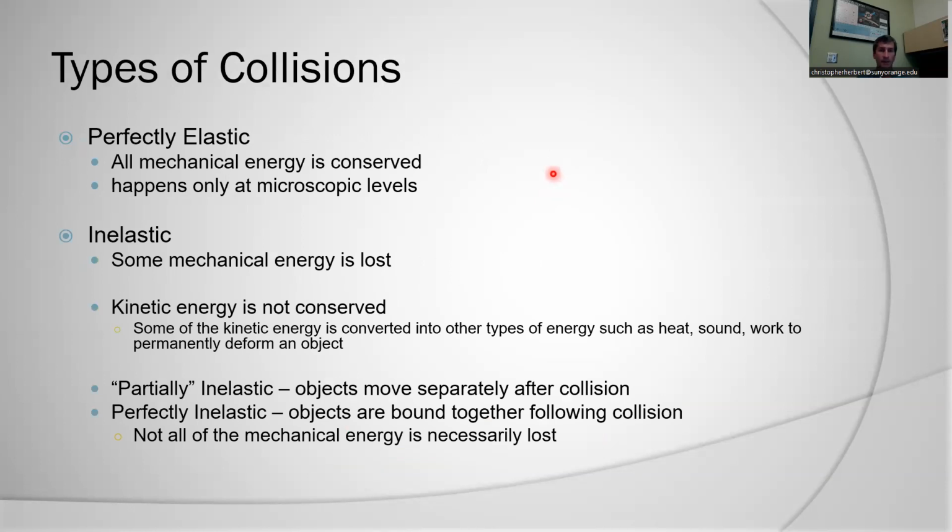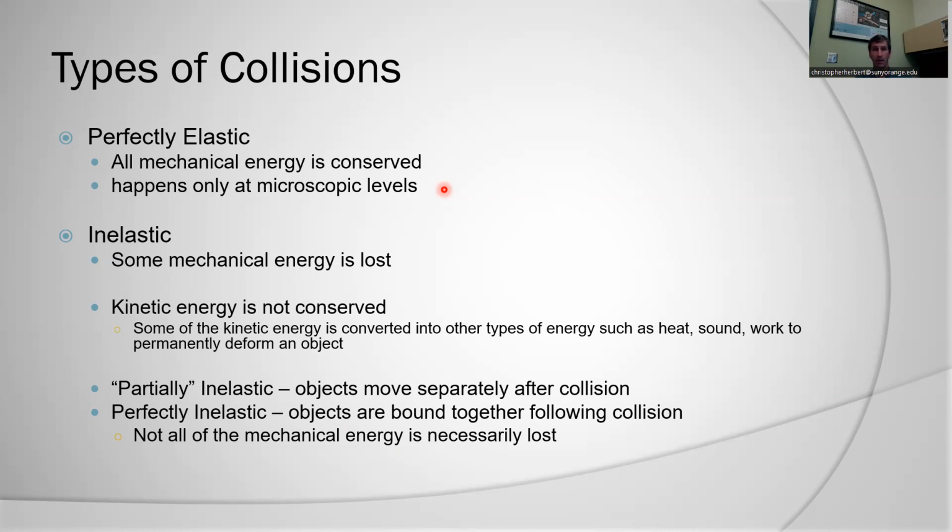We can define types of collisions based on whether or not they conserve mechanical energy. Only perfectly elastic collisions will conserve all the mechanical energy. Basically, the kinetic energy is going to remain the same before and after the collision takes place. But in reality, most collisions are not perfectly elastic.